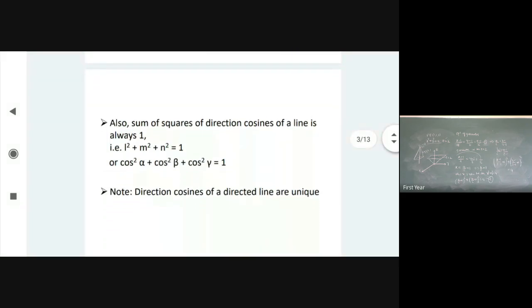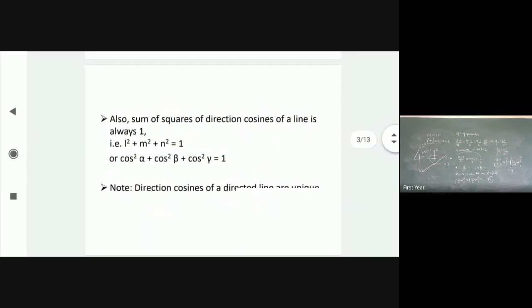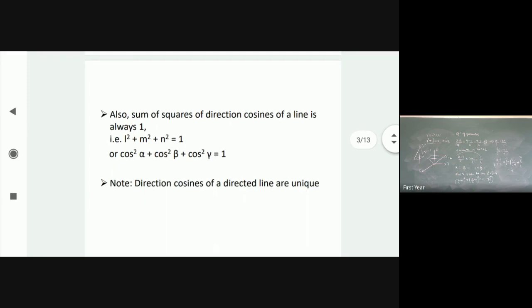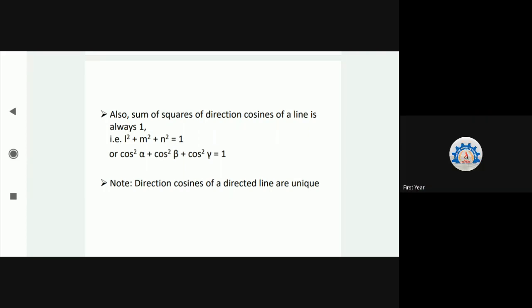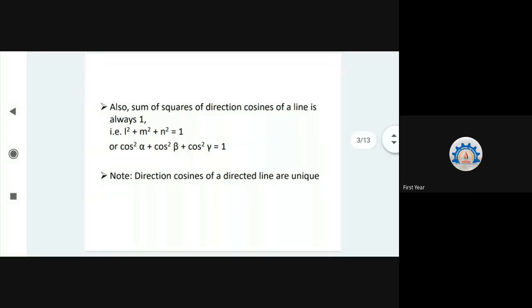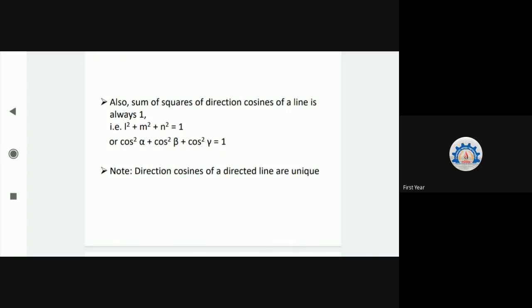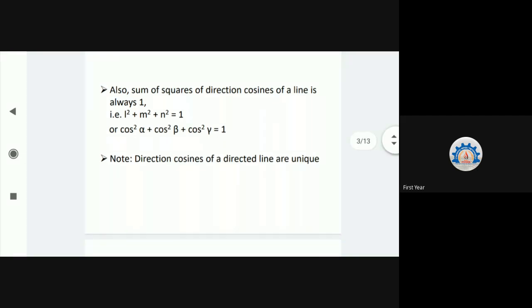The important property of direction cosines is that the sum of squares of direction cosines of a line is always equal to unity. So L square plus M square plus N square is equal to 1, or cos square alpha plus cos square beta plus cos square gamma is equal to 1.